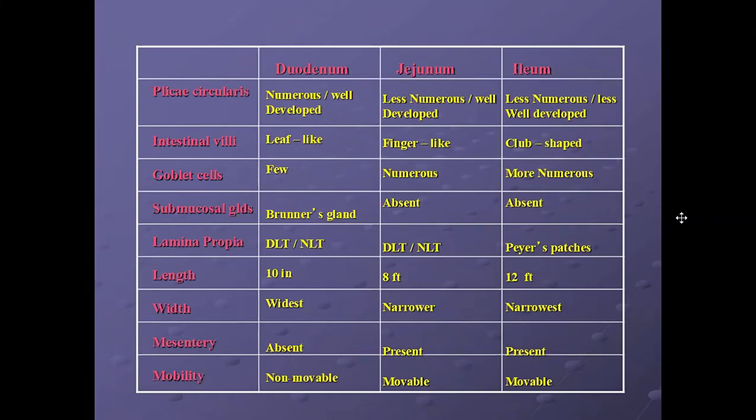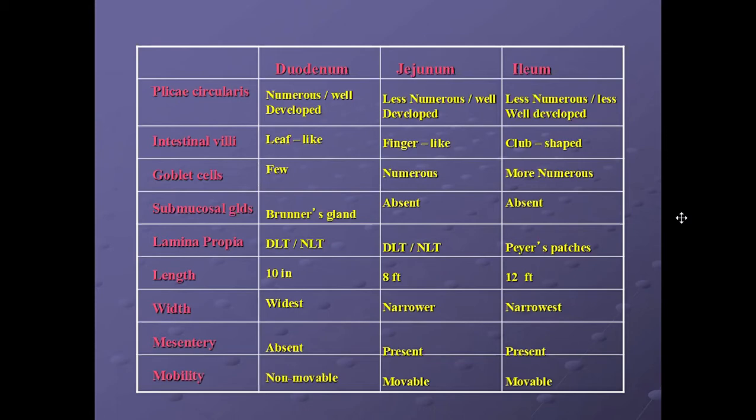Intestinal villi: leaf-like, finger-like in jejunum, and club-shaped in the ileum. And then your goblet cells, few in the duodenum. As you go further, numerous, and in the ileum more numerous. And even in the large intestine, it is very, very numerous.